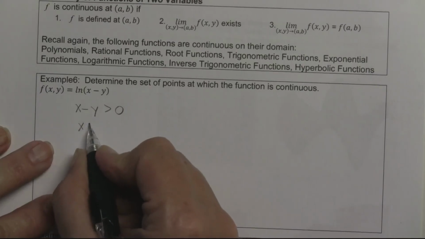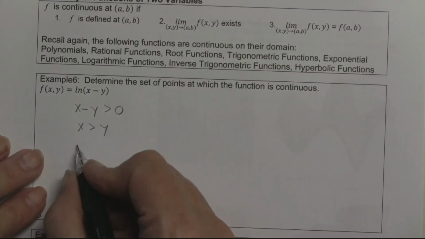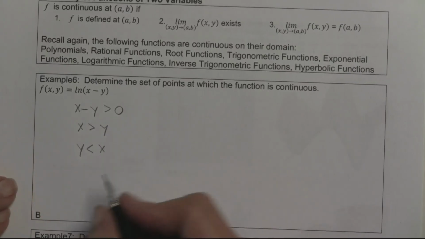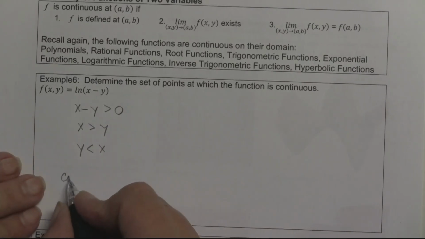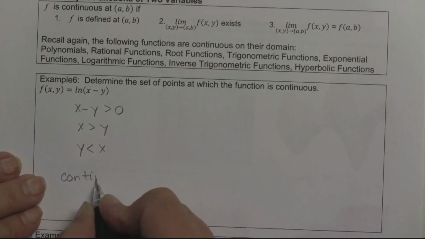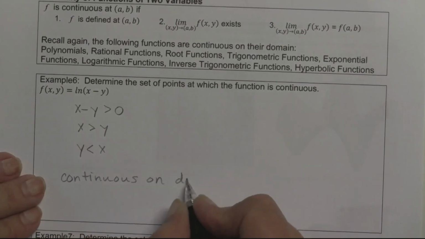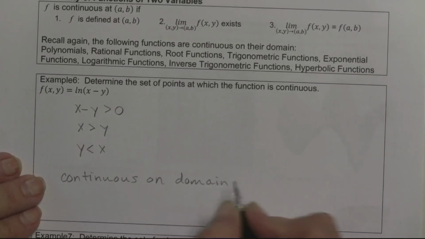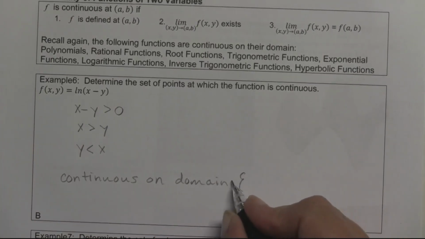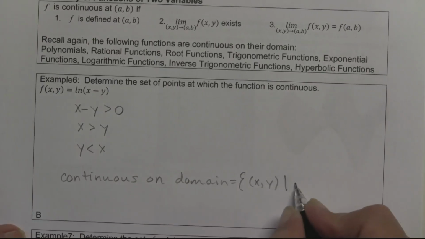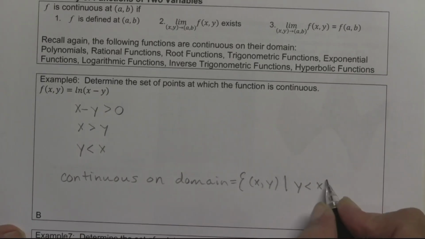So x has to be greater than y, or I like to write it with y first: y is less than x. So it's continuous on its domain, which is the set of (x, y) such that y is less than x.